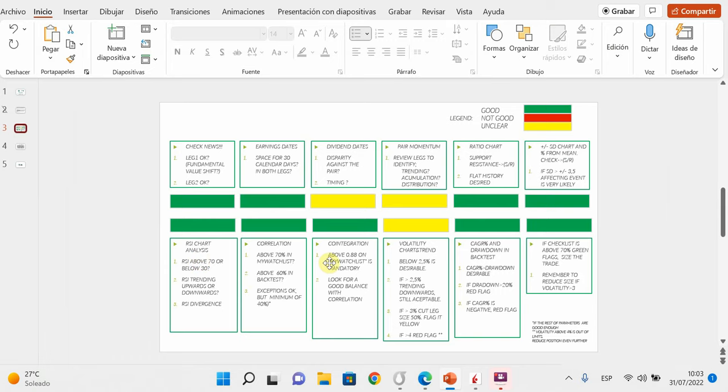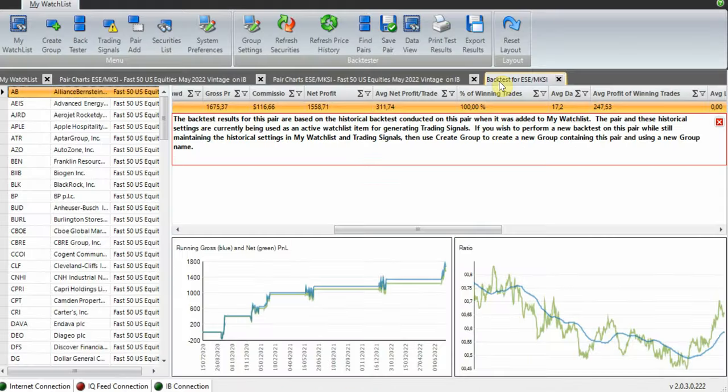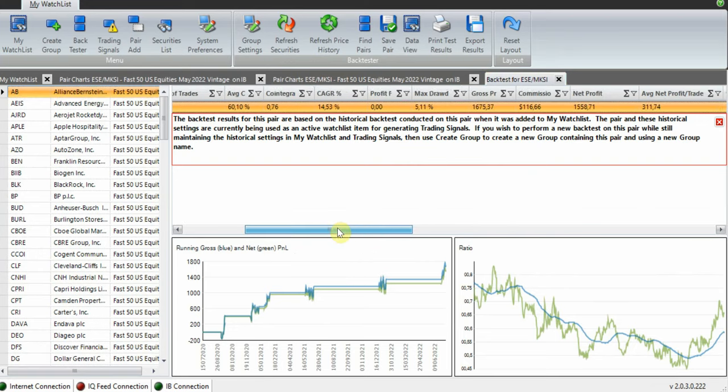Correlation and co-integration. We take a look at those parameters on the backtest menu, and what we see is that co-integration was 0.76, but at the time where the entry was triggered by the system, it was above 0.9, and correlation is 60%.